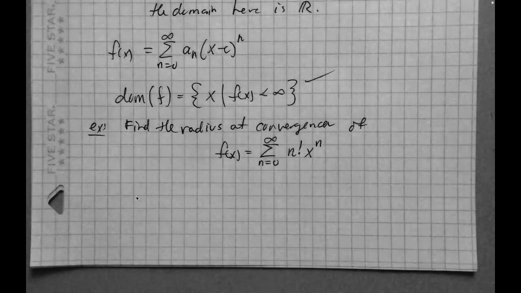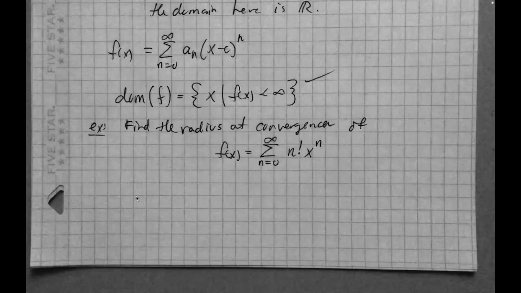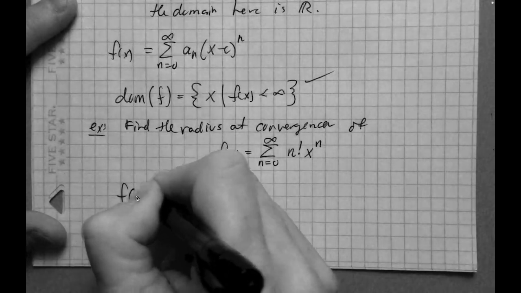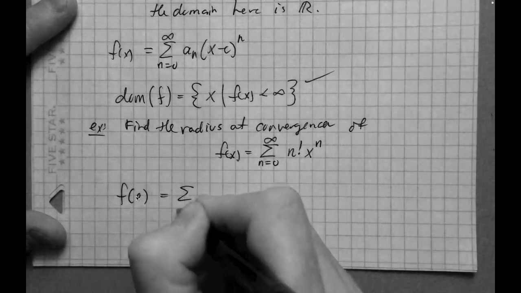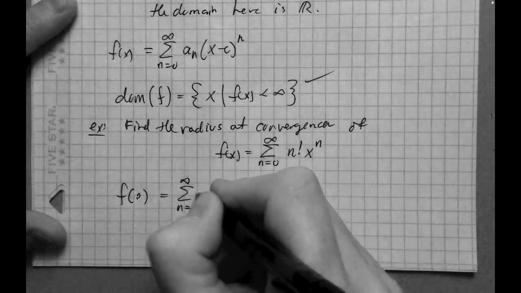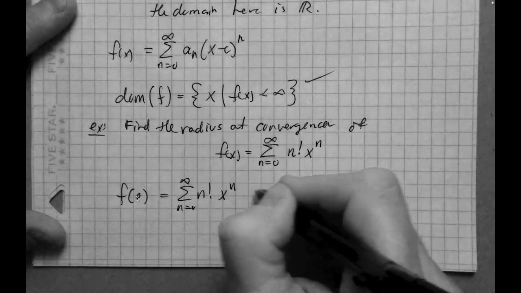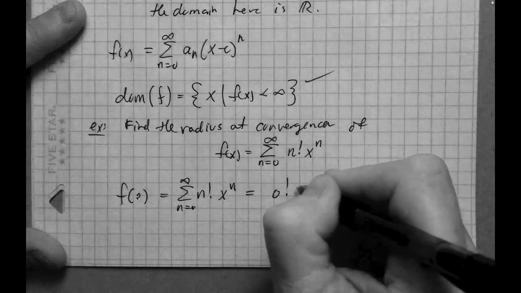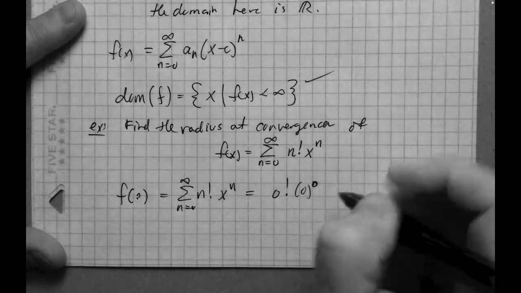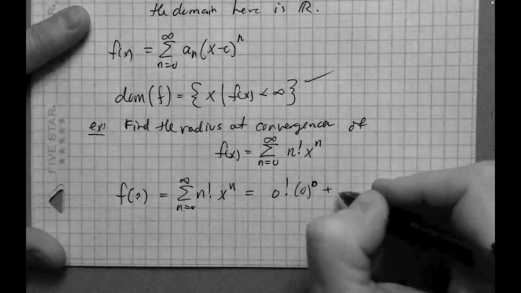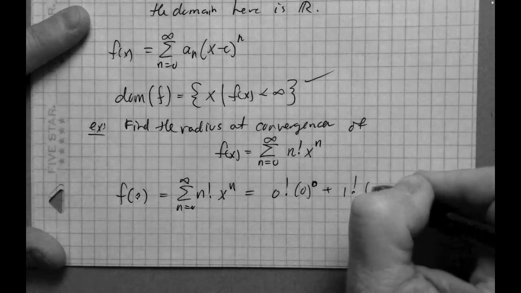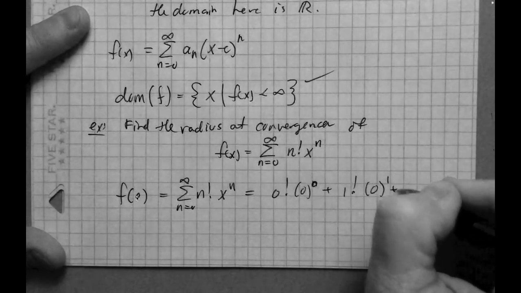We already know that the domain of any power series is going to contain c, right? So we would expect that f of 0 is 0, and let's just confirm that. Right, and that's going to be 0 factorial times 0 to the 0 power plus 1 factorial times 0 to the first power plus, and so on.